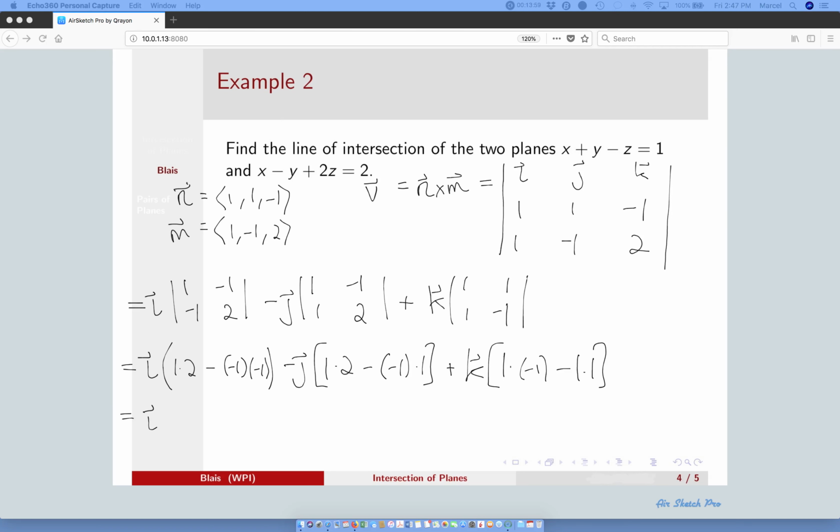This gives us, for i, 2 minus minus 1, so 2 plus 1, or 3... correction: for i we have 2 minus minus 1; for the j term we have minus j, with 2 minus 1, or 1.